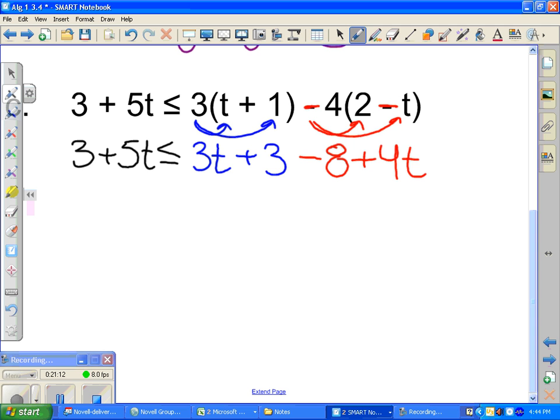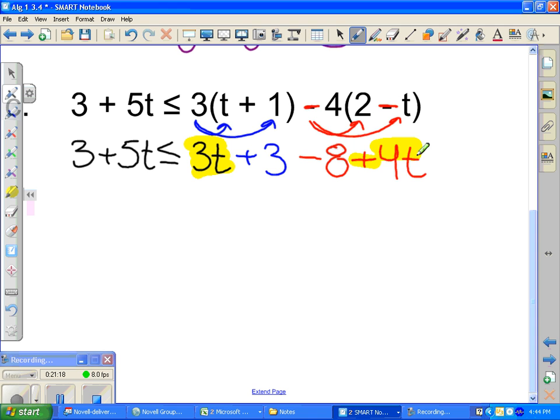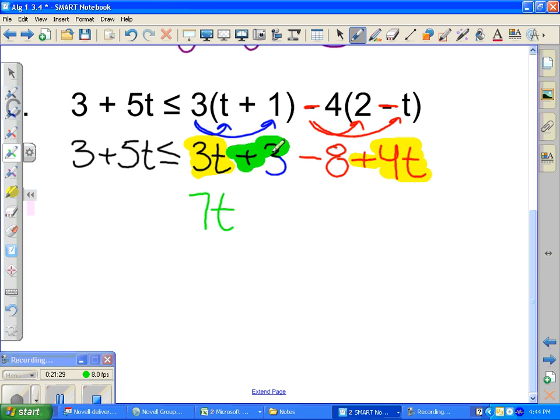Now let's look for like terms. 3t plus 4t makes how much? Good, 7t. And 3 minus 8 is how much? Good, that's negative 5.